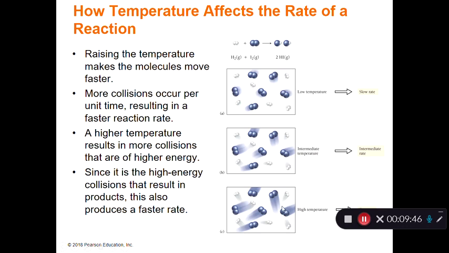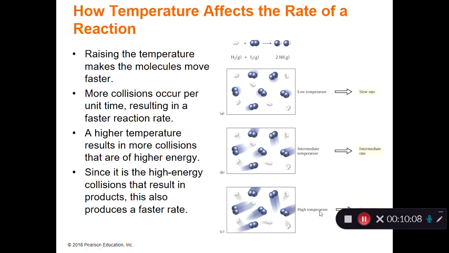But if we use high temperature, it is going to make molecules move faster. When they move faster in this container, they have more collisions. More collisions means we are going to make more products in a short period of time.